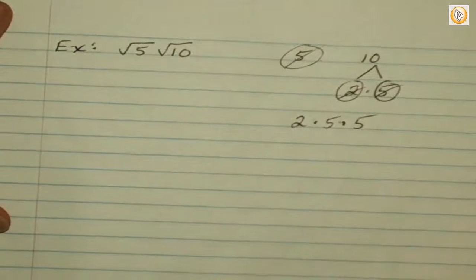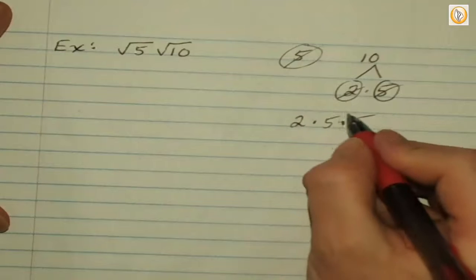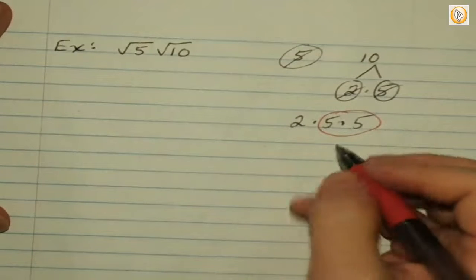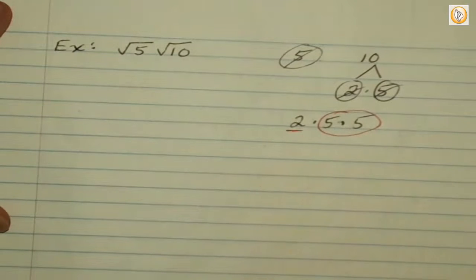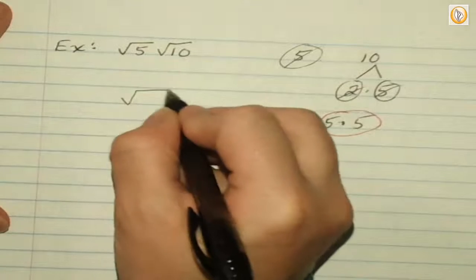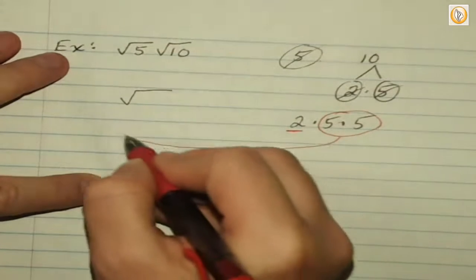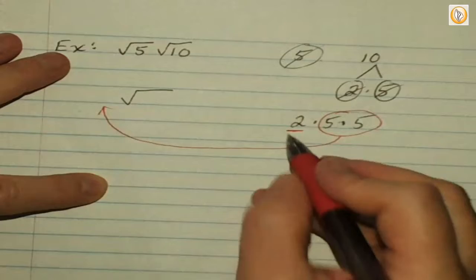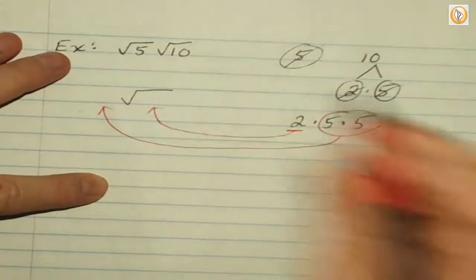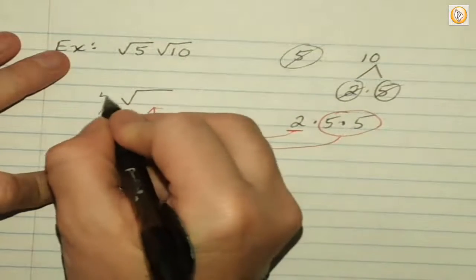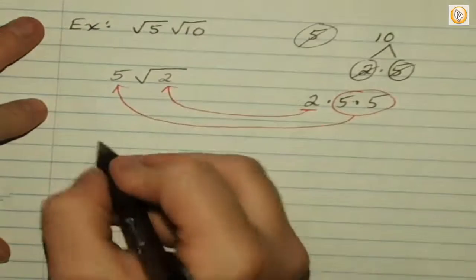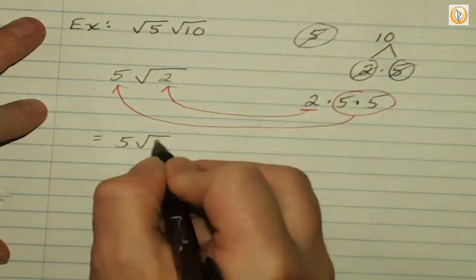Y'all see where I'm at? Circle my pair. There's my leftover. 5 goes on the outside and the 2 on the inside. So my answer is 5 times square root of 2.